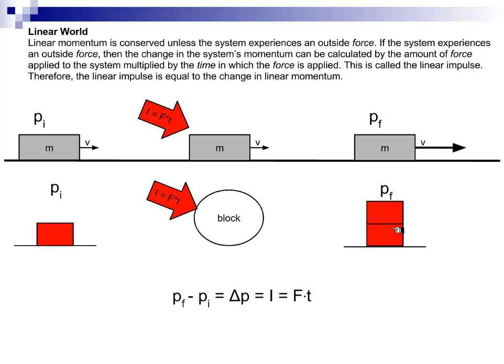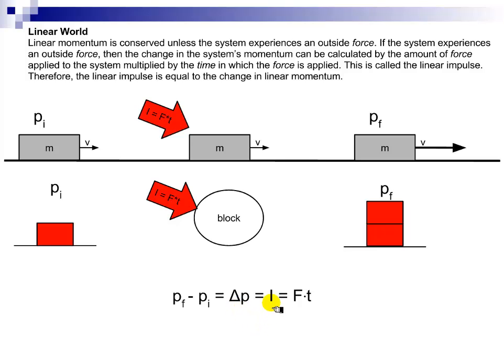So as you can see, this change in momentum, see how the momentum increased from this amount to that amount? That is equal to this impulse. So the change in momentum, P final minus P initial, is equal to the impulse.